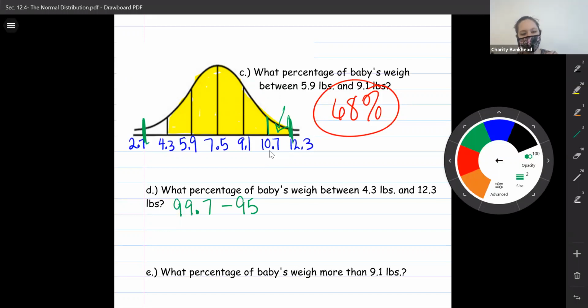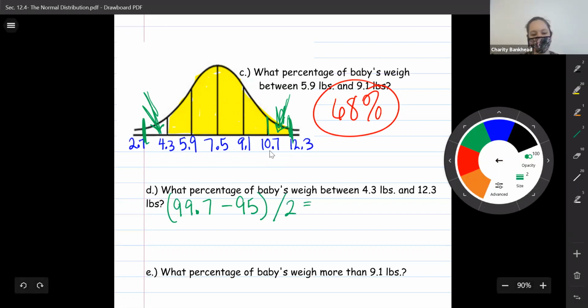And so when you do that, that's going to give you the percentage that's in these two sections right here, this section and this section over here. And then you want to divide that in half to get the amount that's only in one of those sections. So 99.7 minus 95, and then divide that by 2, and that gives you 2.35. So the amount in one of those sections is 2.35.